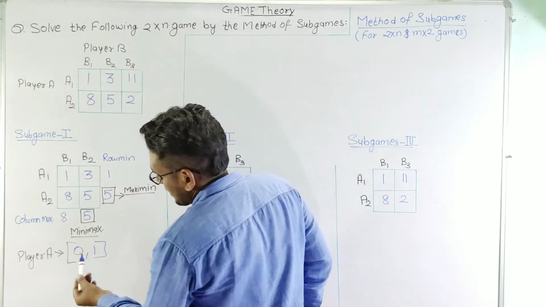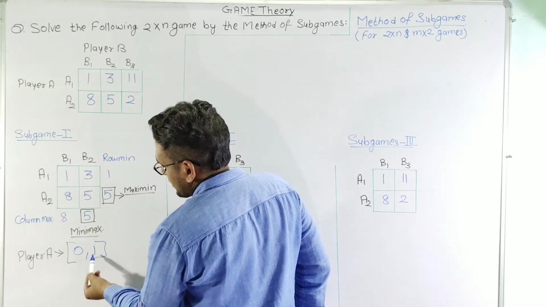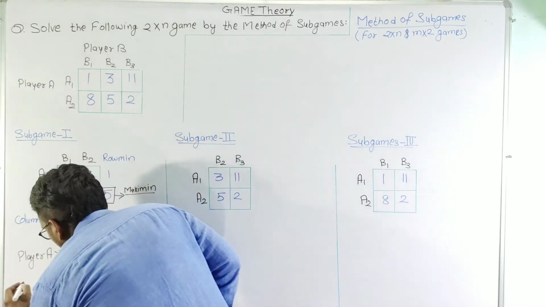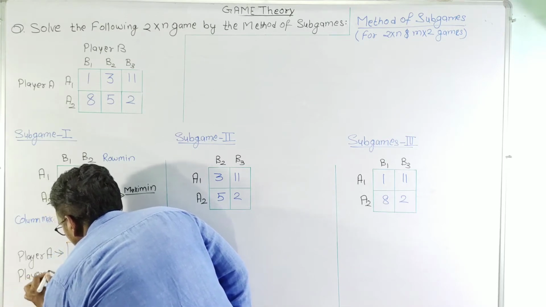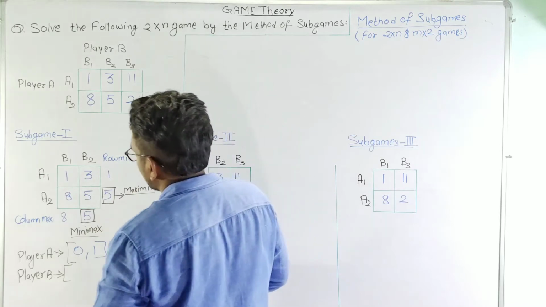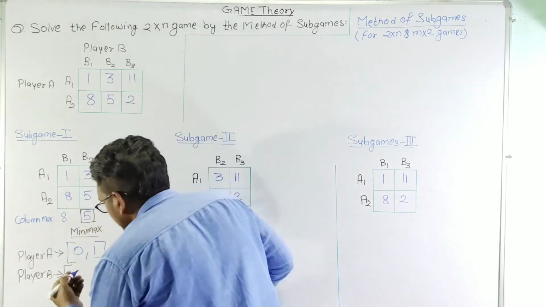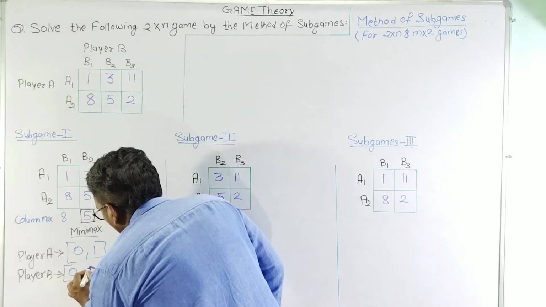That means it will play strategy A1 0% of the time and strategy A2 100% of the time. Similarly, we can write for player B also. Here player B will play strategy B1 0% of the time and B2 100% of the time. So this can be written as 0, 1.